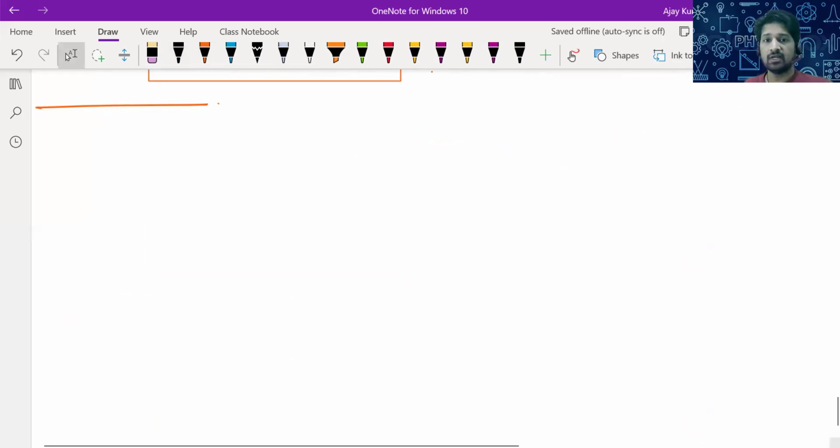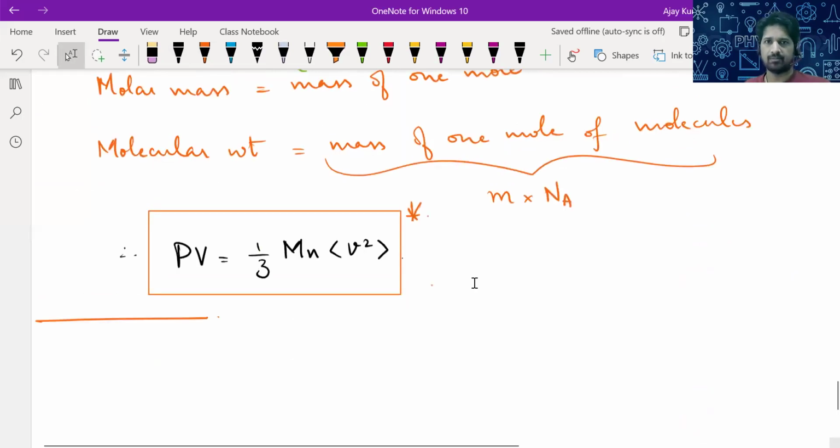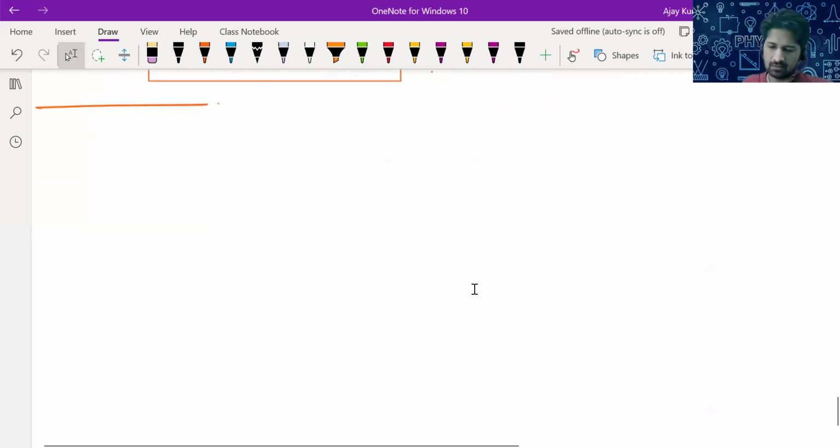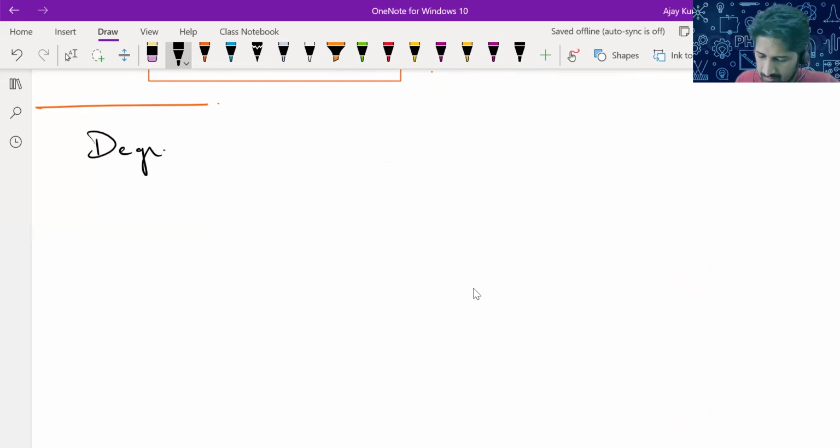Next, we have to relate speed to temperature. Okay, let's see how that is done. Before that, we first have to discuss something called degrees of freedom of a gas, of an ideal gas. Okay, we denote this by the symbol small f.